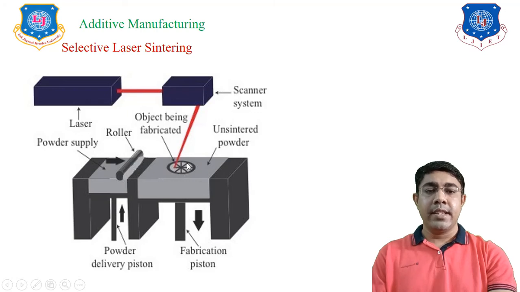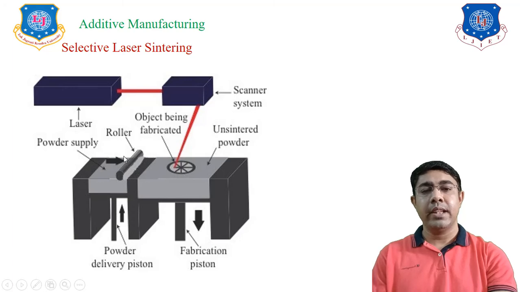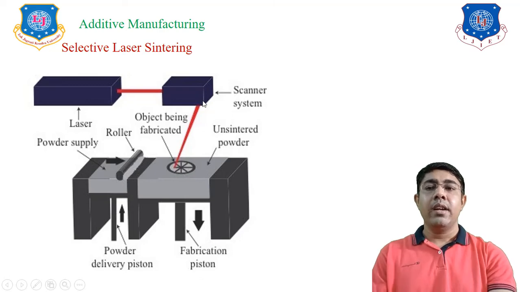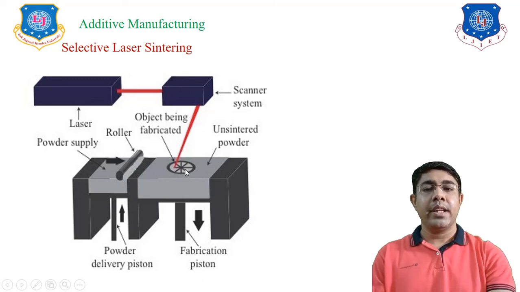Once the first layer is generated, the fabrication piston moves down by the layer thickness, the powder delivery system moves up by the layer thickness, and the material is transmitted to the fabrication piston. Again the laser is transmitted according to the second layer of the cross section, and the second layer is generated.